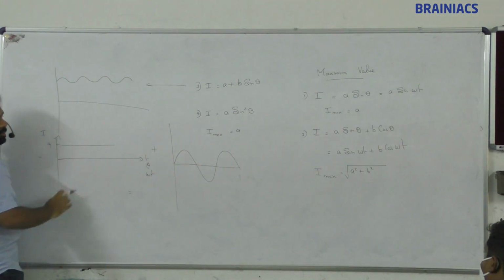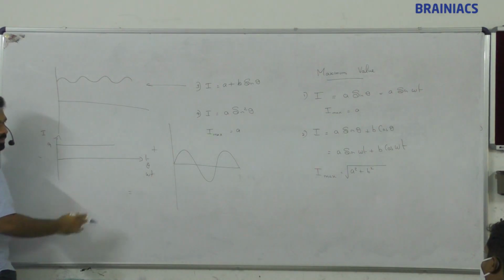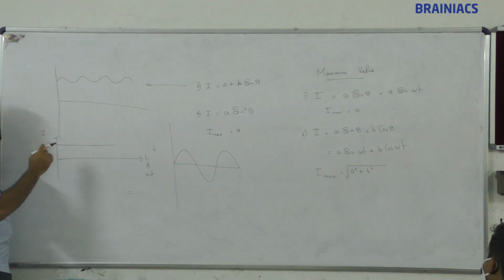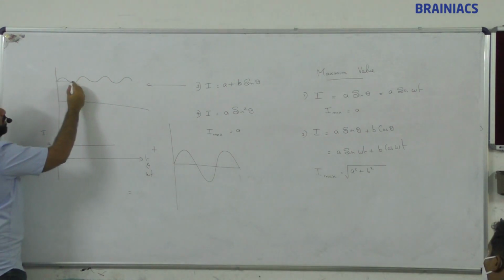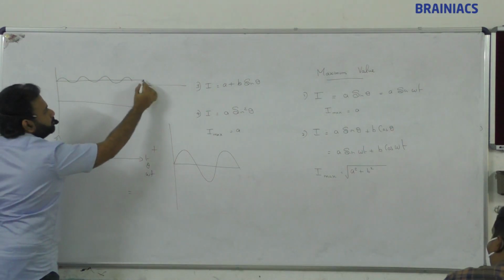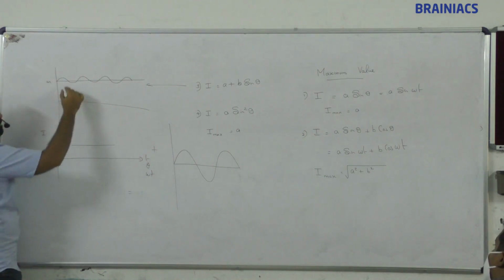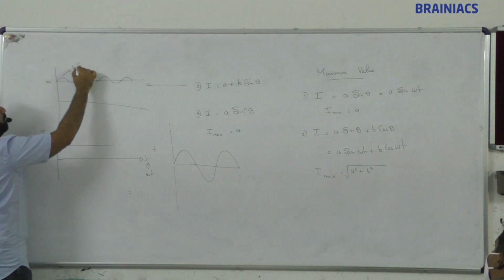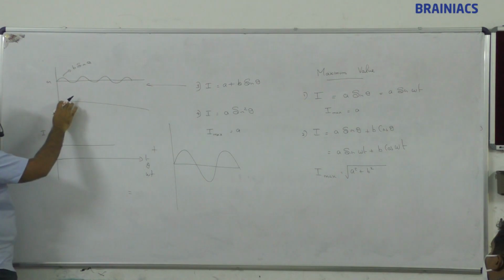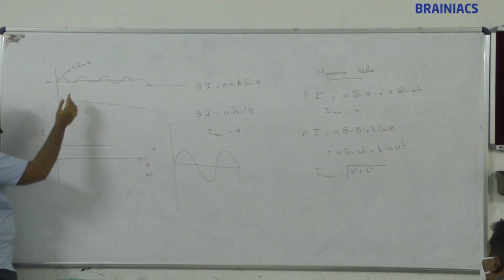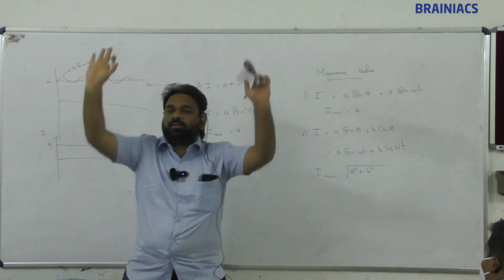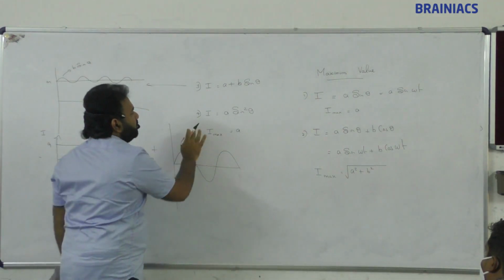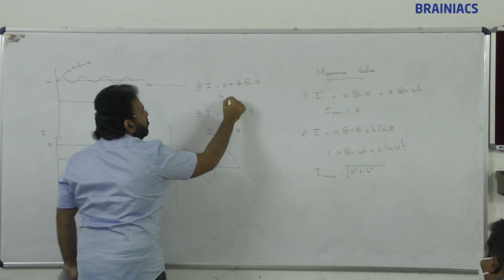So when you add this, the whole signal will go up. So this A will become the carrier, and this one is nothing but B sin theta. For this signal, B is the maximum value. Since A has lifted this up, the maximum is going to be A plus B.